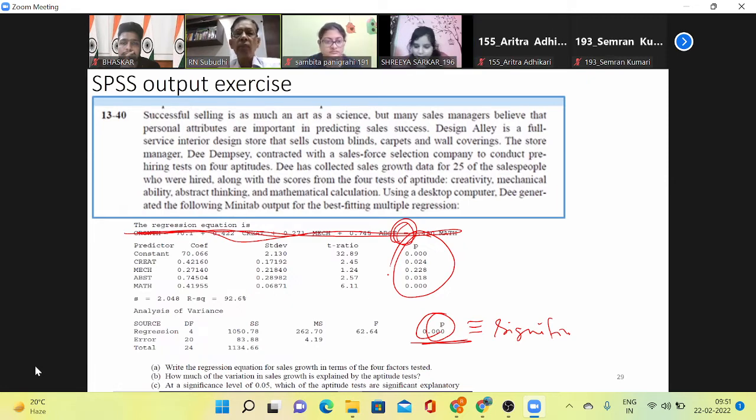For abstract thinking and mathematical calculation, it is again significant. Can we simply say except mechanical, all others are significant? So this is significant, this is significant, this is significant, and this alone is not significant. Correct?